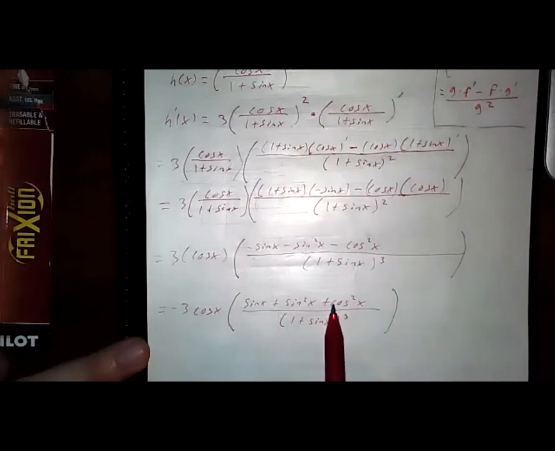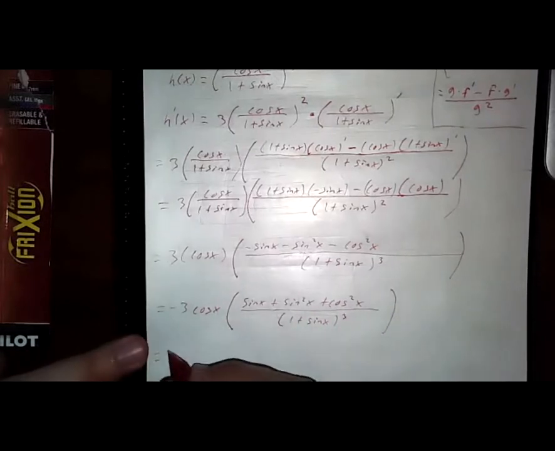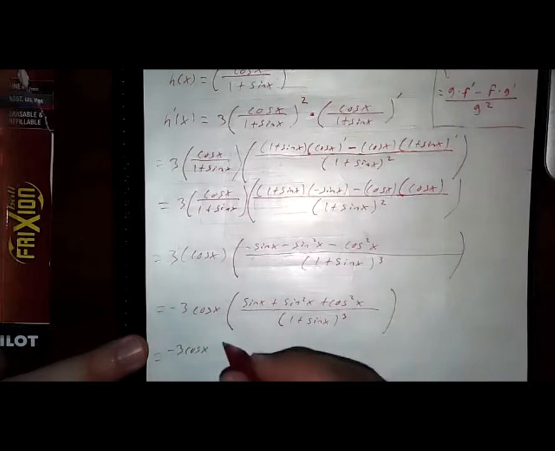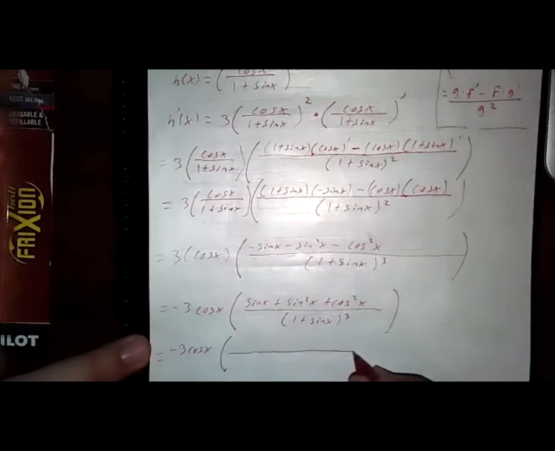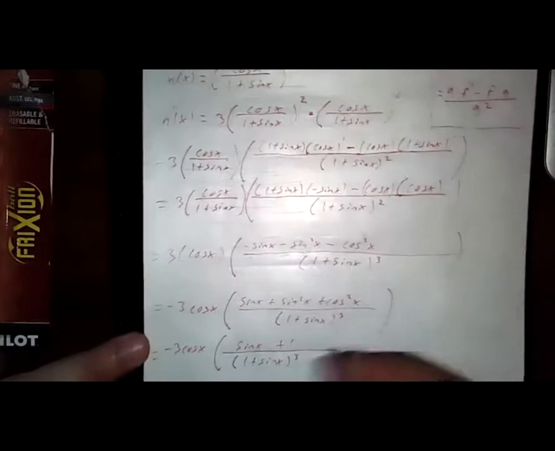The original. So from pre-cal, what does this become? Maybe it's 1. Yeah, that's a 1, right? It's one of the main pre-cal identities that created all the other identities for the most part. So now we got sine x plus 1 over 1 plus sine x cubed. Because I don't need that big bar anymore.